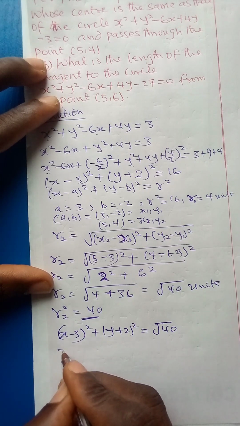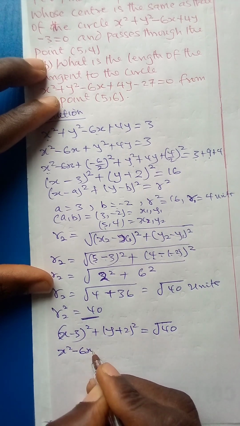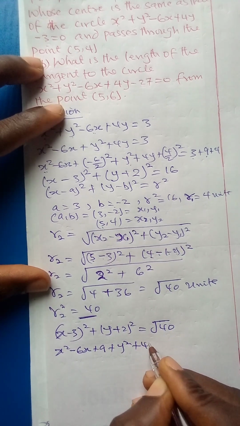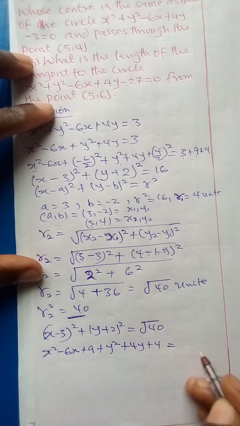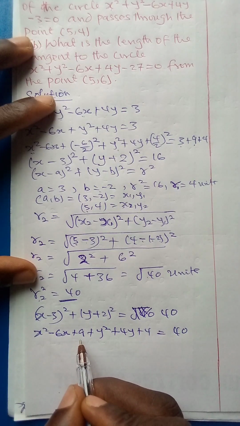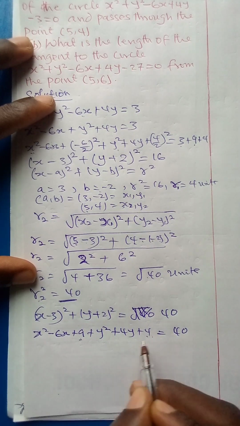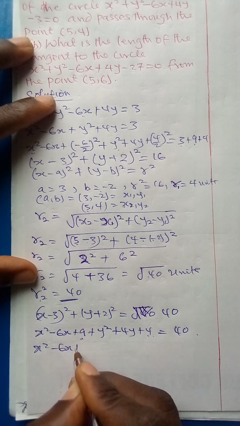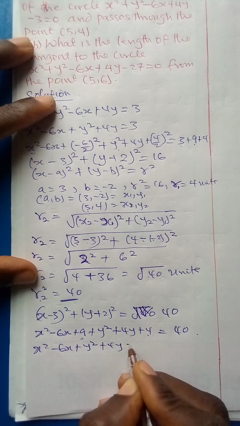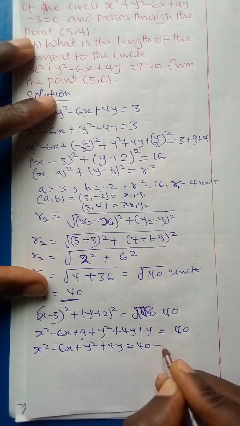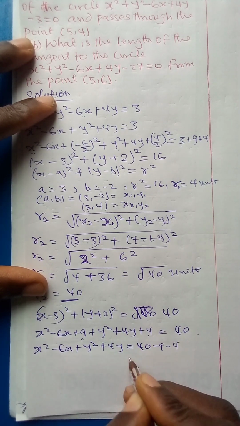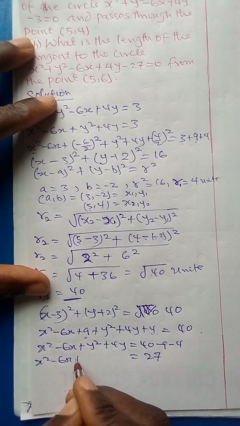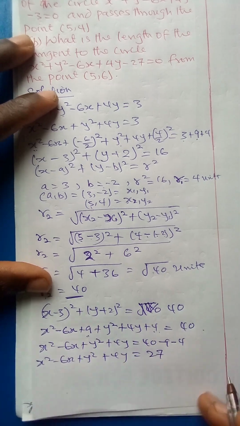Now expanding this, we have x squared minus 6x plus 9 plus y squared plus 4y plus 4 is equal to, now we have to take all these terms without x or y to the other side. So we have x squared minus 6x plus y squared plus 4y is equal to 40 minus 9 and minus 4. This becomes 27, and here is x squared minus 6x plus y squared plus 4y equals 27.